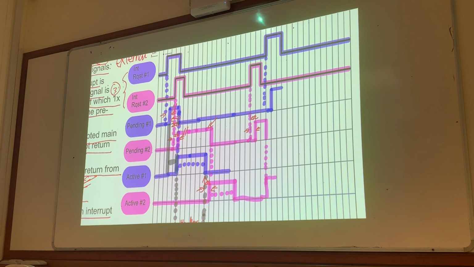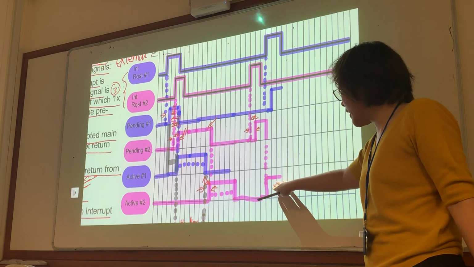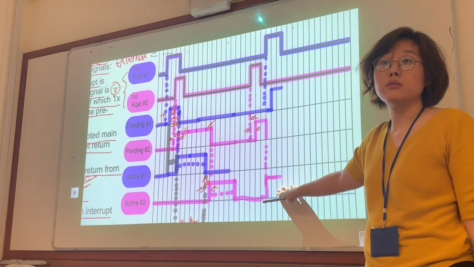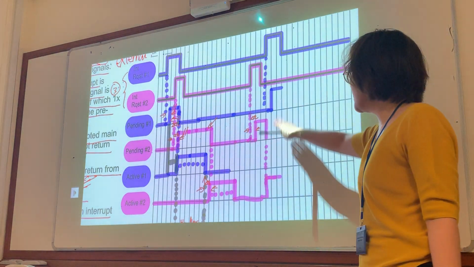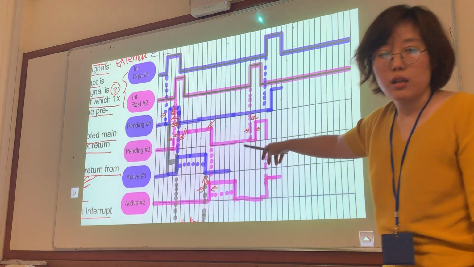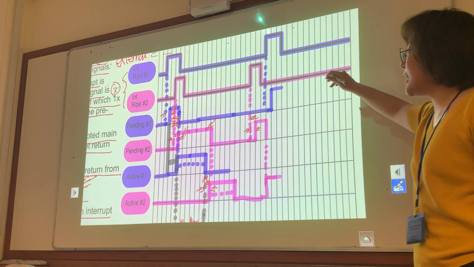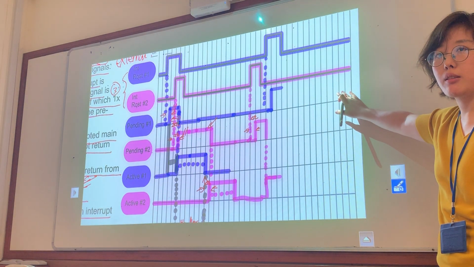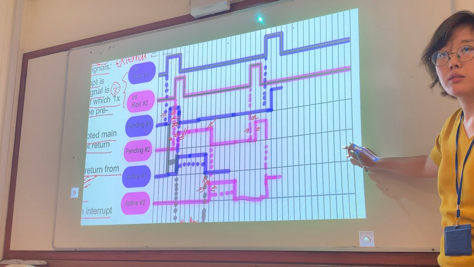But can you see at this moment what's happening? Yes, your processor is working on device 2 now, right? But now device 1 is coming. So you see this is a moment that your higher priority device kicks out the other one.